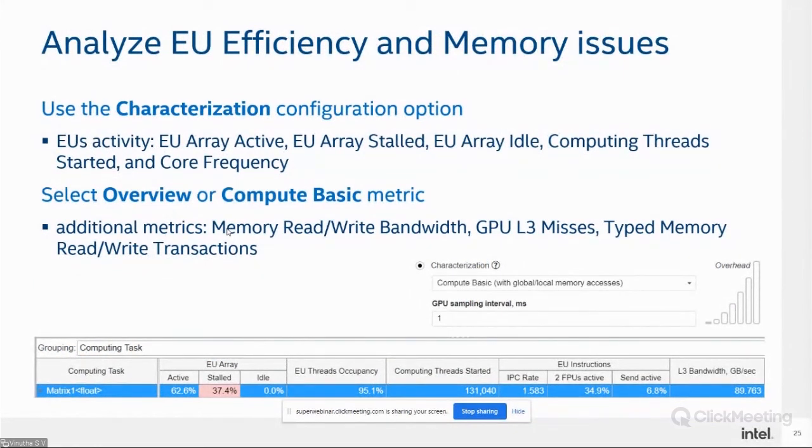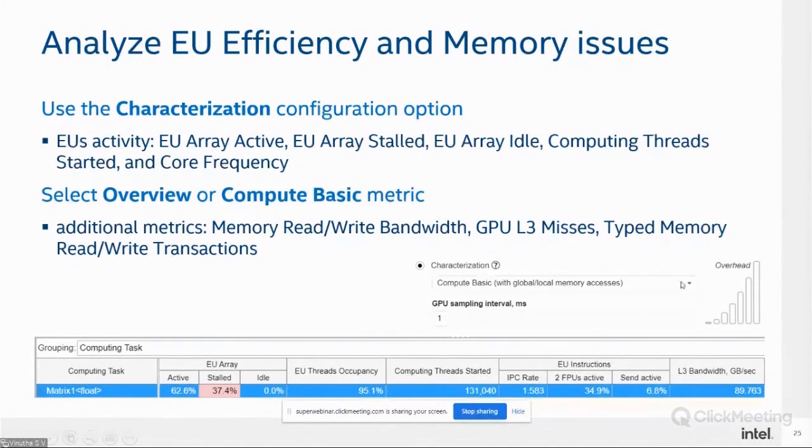As I said, when you choose the characterization configuration, this is to characterize your code performance on Intel GPU. This has many presets like overview. When you select the characterization configuration, you see something like compute basic has been selected.